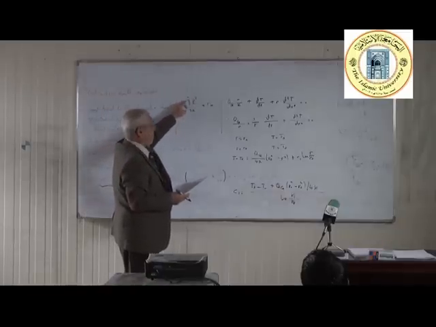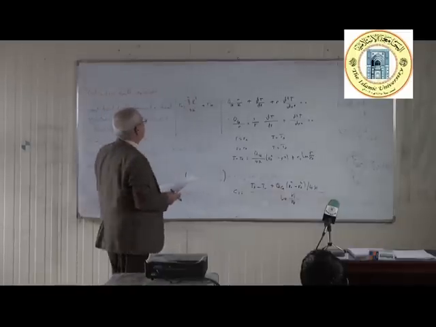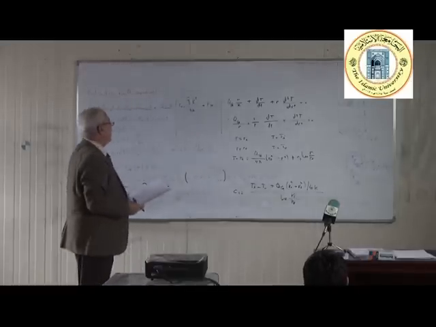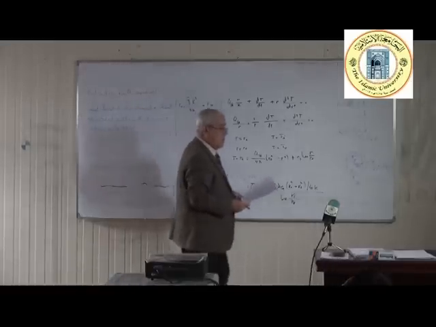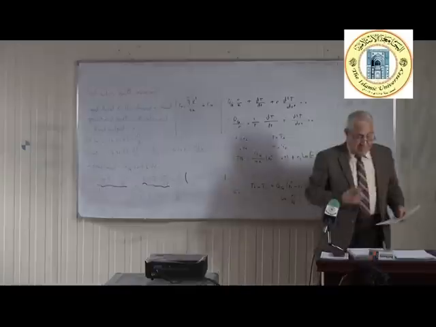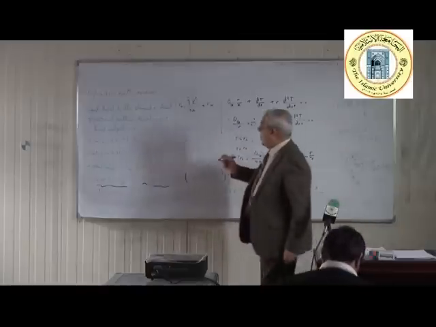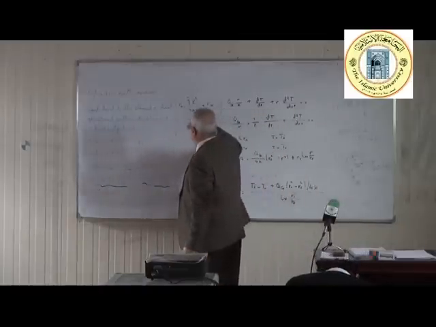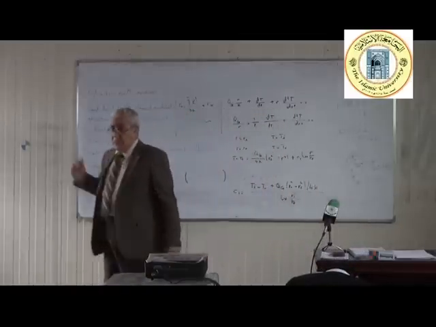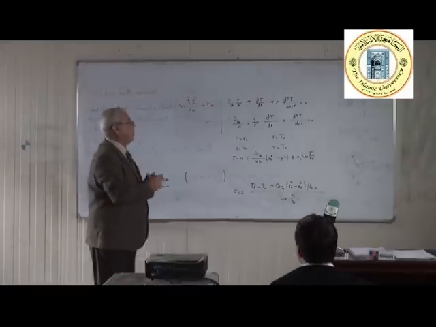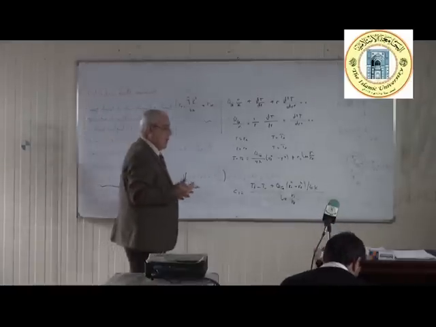Q bar is the heat generated per unit volume, R is our radius, TW is the wall temperature, and K is the thermal conductivity. Therefore, you could find the maximum temperature from this equation.